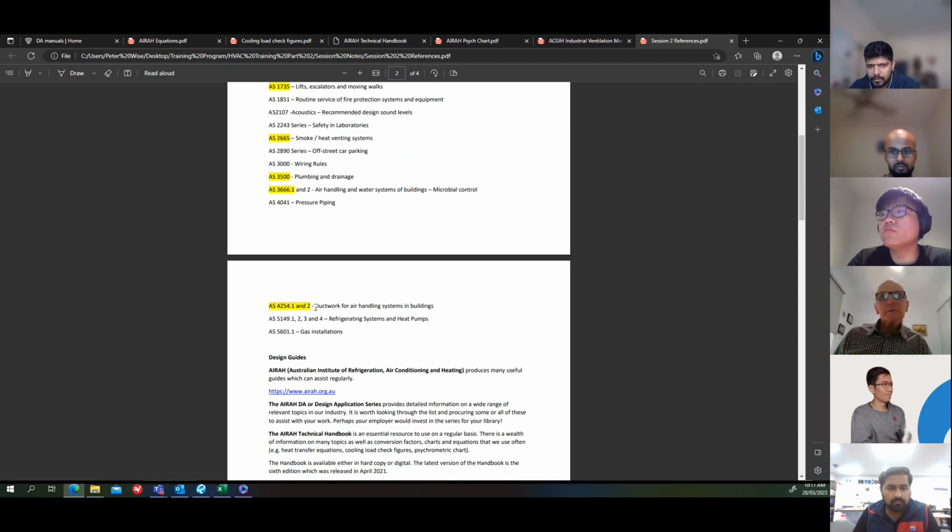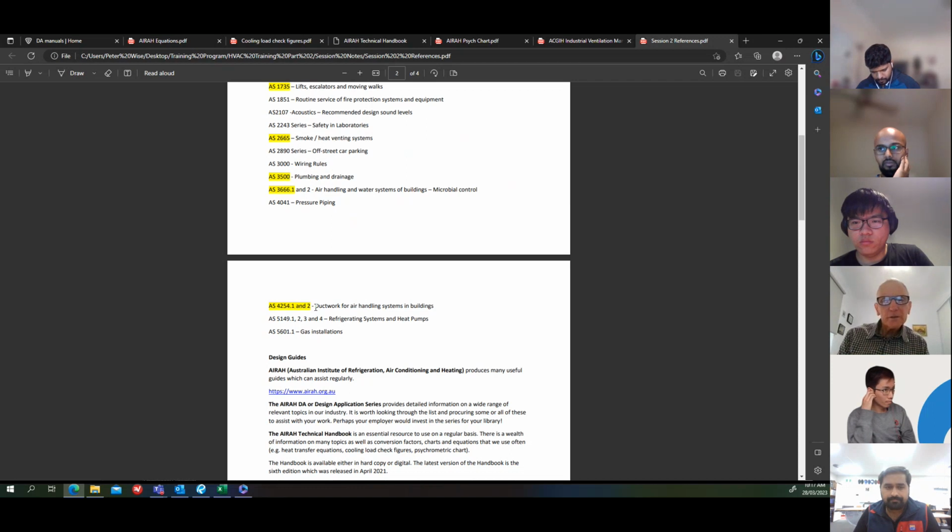Flexible ductwork, it also gives you instructions or guidelines on how flexible ductwork is to be installed. This is quite often a common problem with any building. When the flexible ductwork is installed, sometimes it gets squashed, when they're trying to fit everything into the ceiling space.